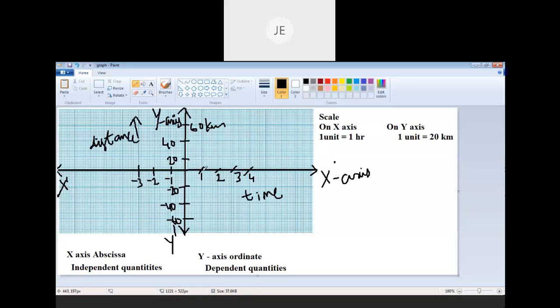On 1 hour, Sagnik was moving 30 kilometers. So 1 hour, and here 20, 22. Each line, there are 10 lines. Each line indicates 2 kilometers. So we have to go 5 lines more. So this thicker line is 20 kilometers.